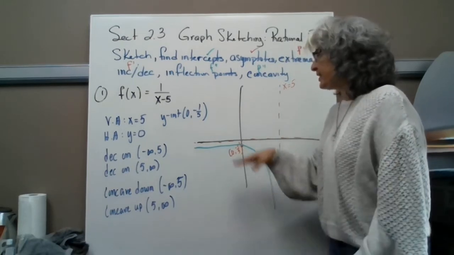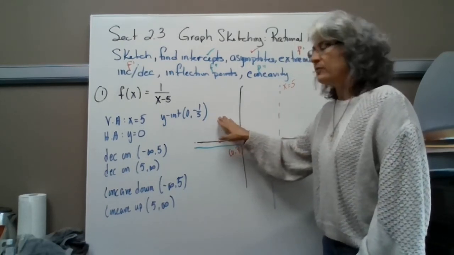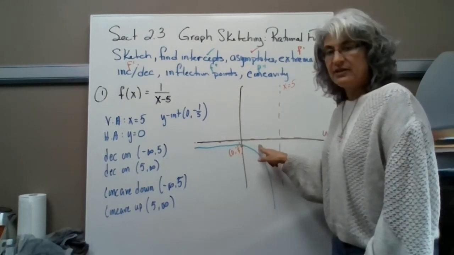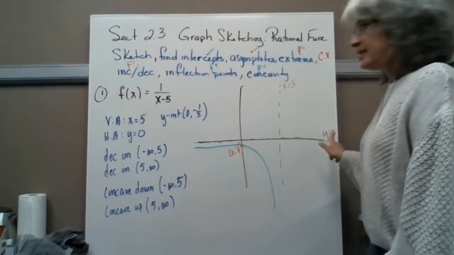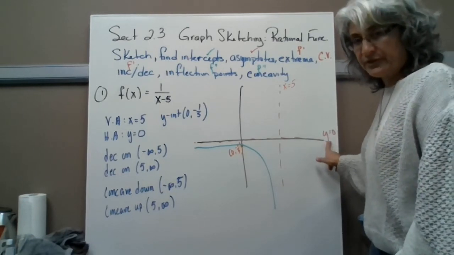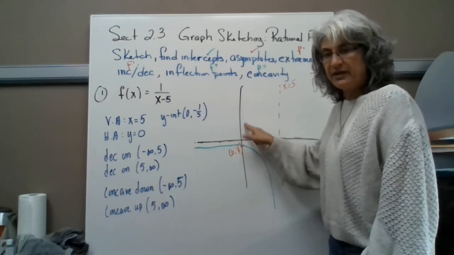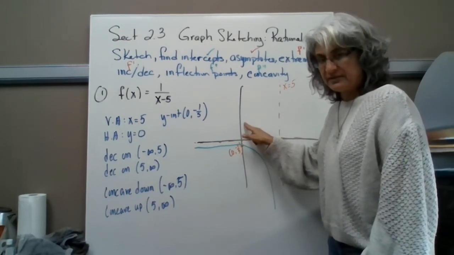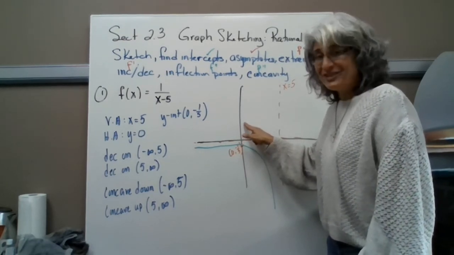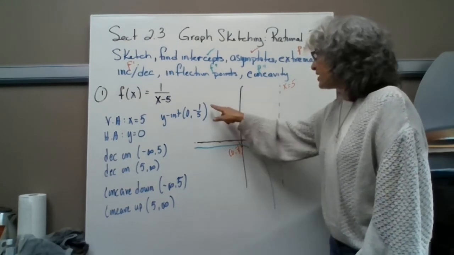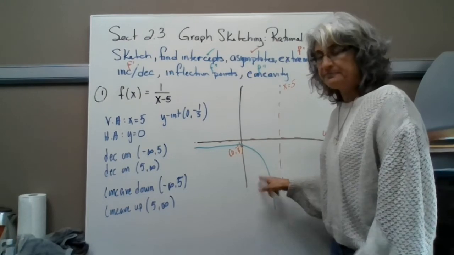And some of you may be asking, well, why isn't it above here? Why doesn't it start above the x-axis? Well, first off, the x-axis is a horizontal asymptote. Secondly, was there a y-intercept above the x-axis? Since there was not, the only place it could have crossed was here. It couldn't have come up here and crossed, all right?